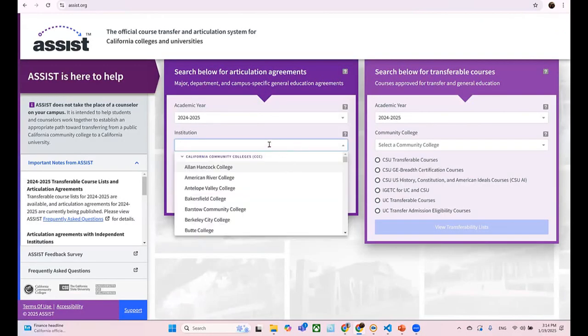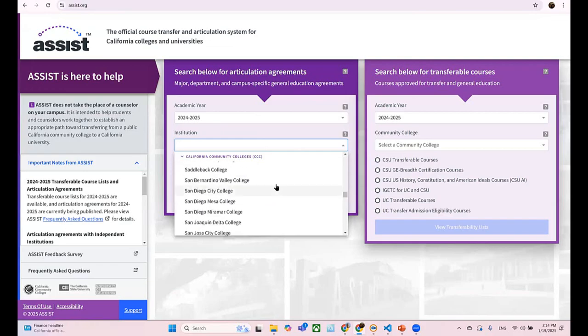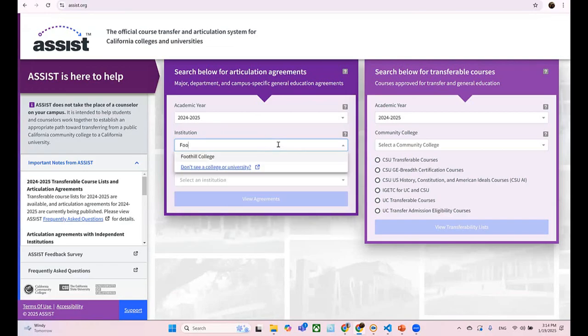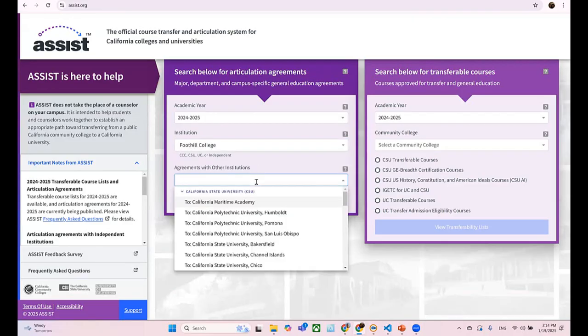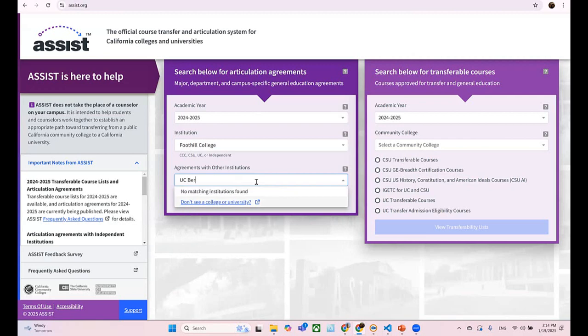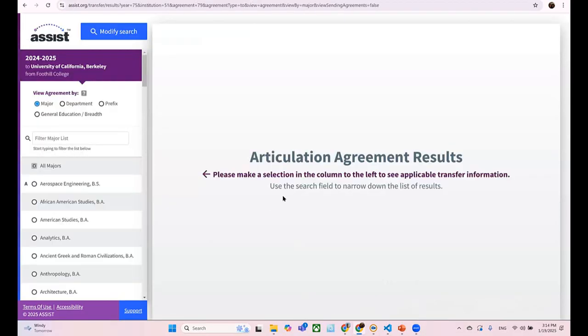So let me try to get the agreement between Foothill and UC Berkeley. For other UCs you need to check. Let's just type Berkeley, and view the agreement.